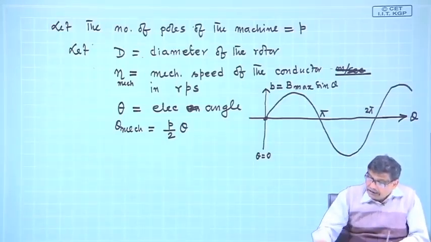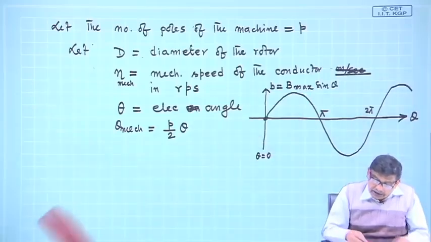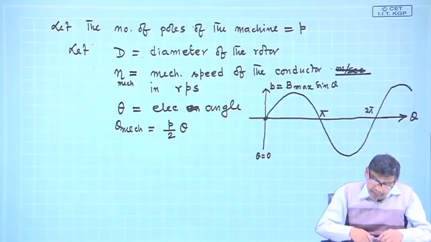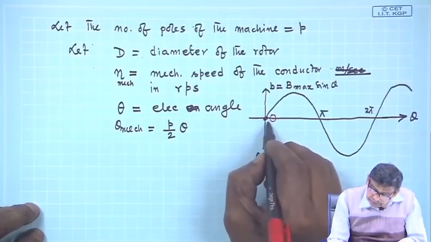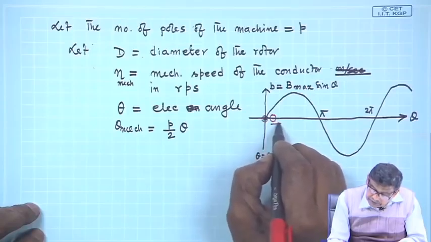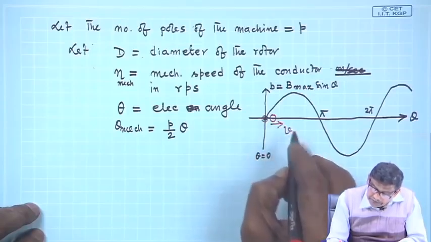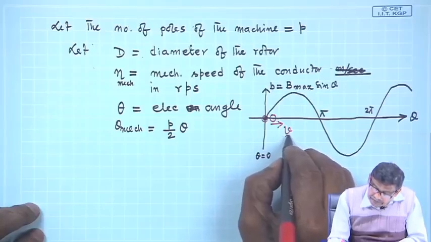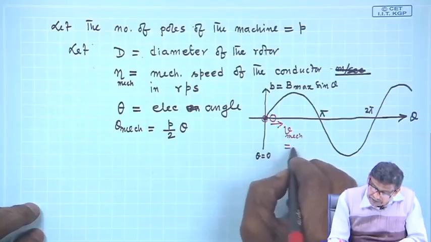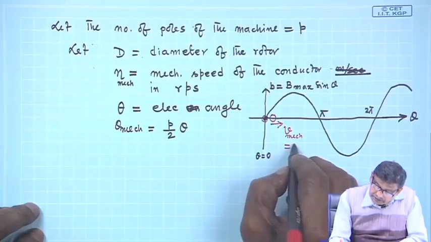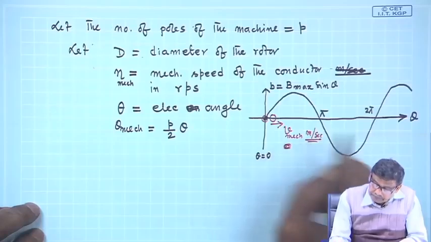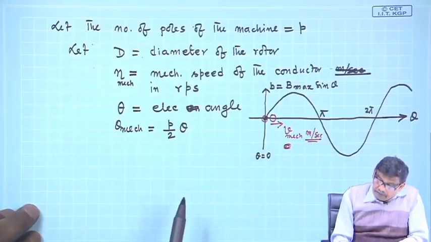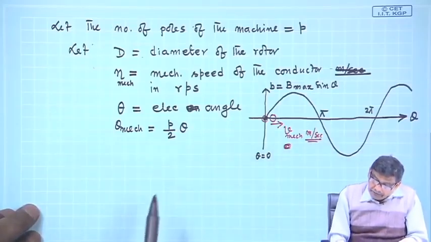And now, I will tell that a single conductor is moving with a speed v mechanical, equal to so much meter per second. Okay.